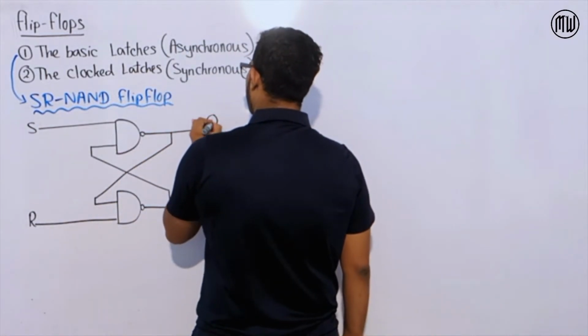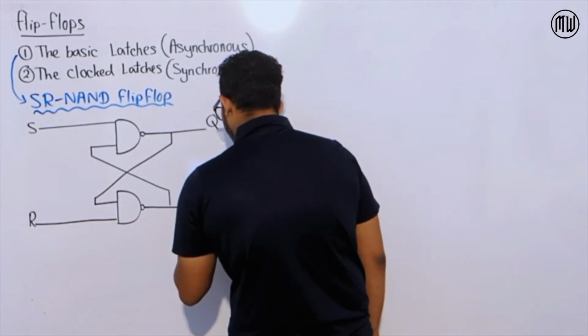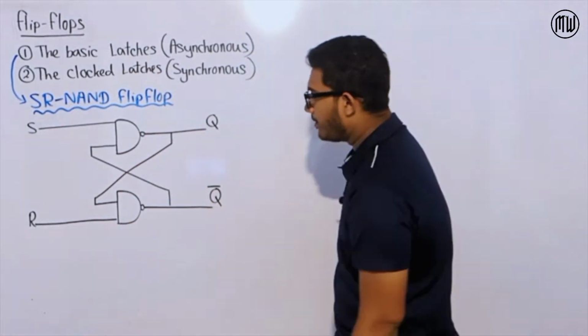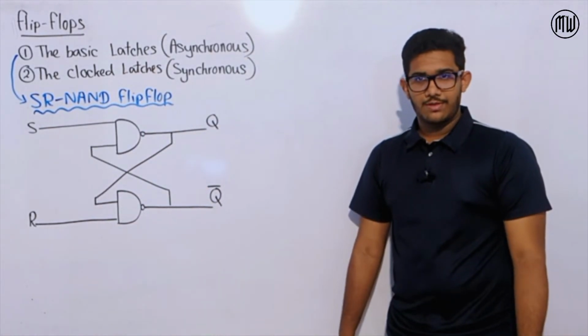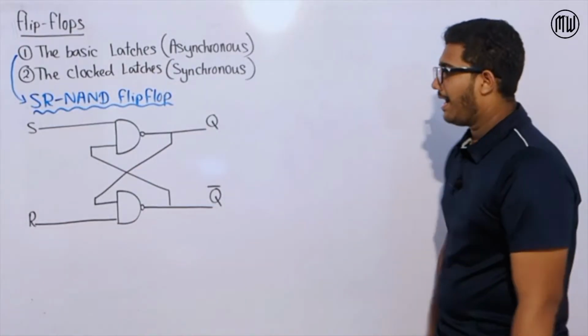We have Q and Q bar, or Q dash, as the outputs. This is how we draw a NAND flip-flop.